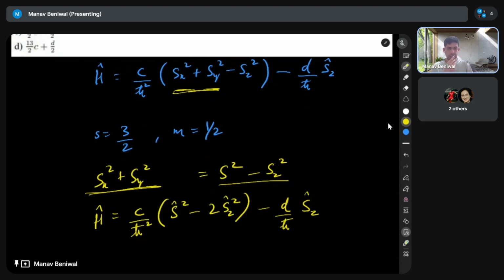We have reduced our Hamiltonian to the total spin angular momentum S and the z component of the spin angular momentum Sz, because these will give us basically the S and the m values, right?